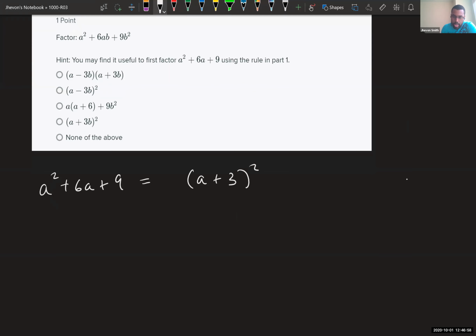And then what you think about is you can just attach a b to each of these parts. Another strategy I spoke about in class, so nothing much to go over here. So it would be this option here.